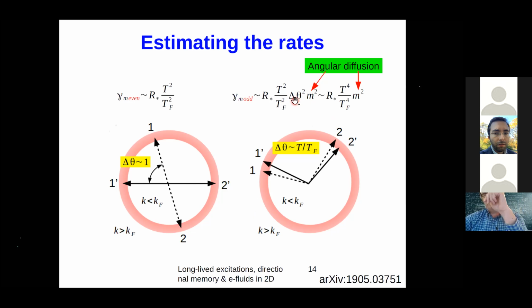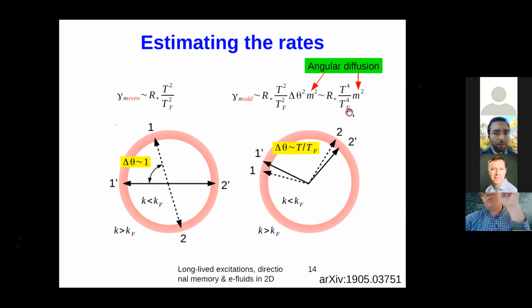Then based on that, I'll say that the diffusivity is of order T squared over Fermi energy, given by the Landau rate, and then in each collision I'm allowed to make only a small angular step, and from that I can find the relaxation rate as the time for a Brownian walk on the Fermi surface, plugging in delta theta as T over Fermi energy.